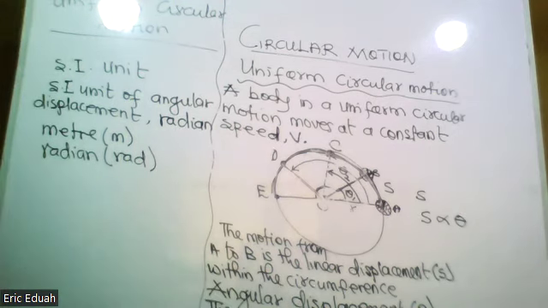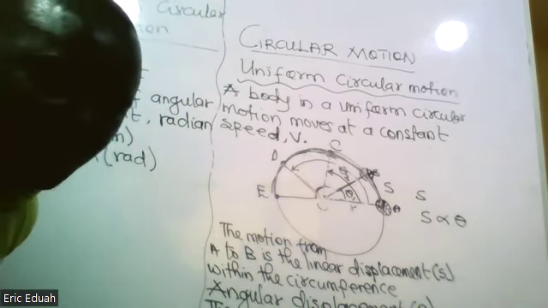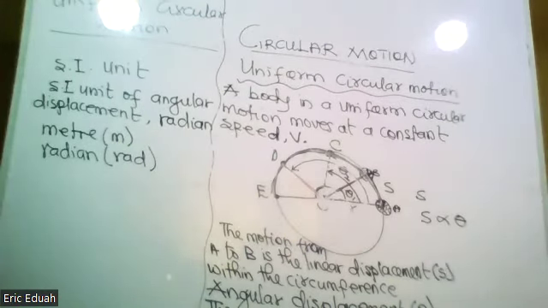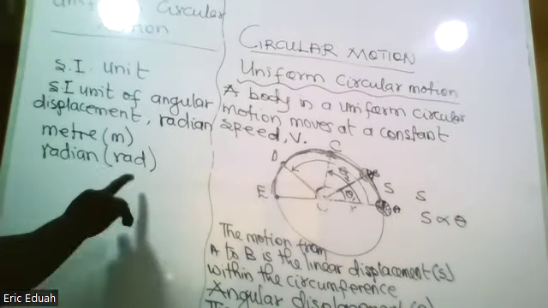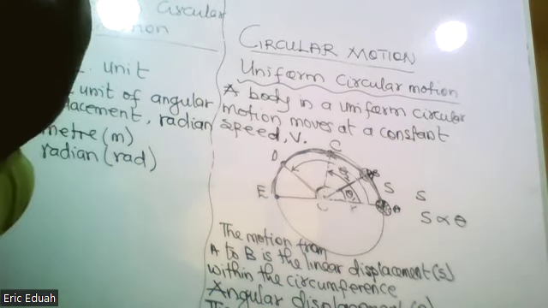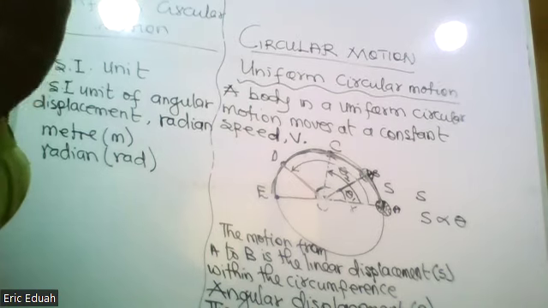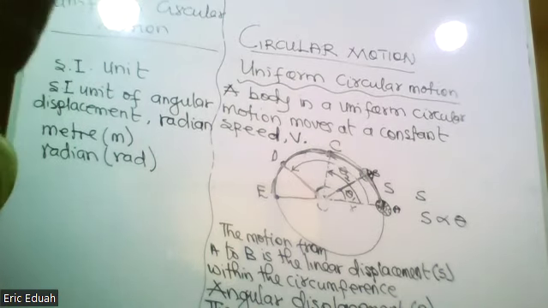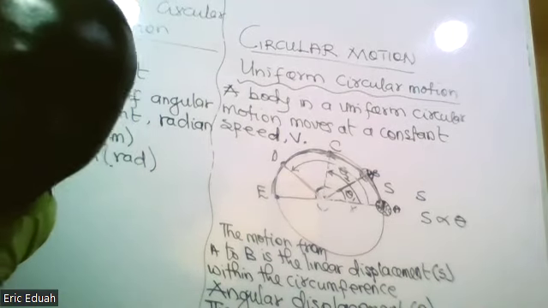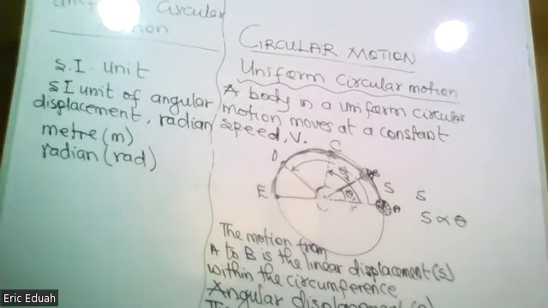Yes, the degree is another form of angular measurement, but that is not the SI unit. The globally accepted unit for angular measurement is the radian. When you are saying it, say radian. When you are writing it, you write rad. Is that okay?